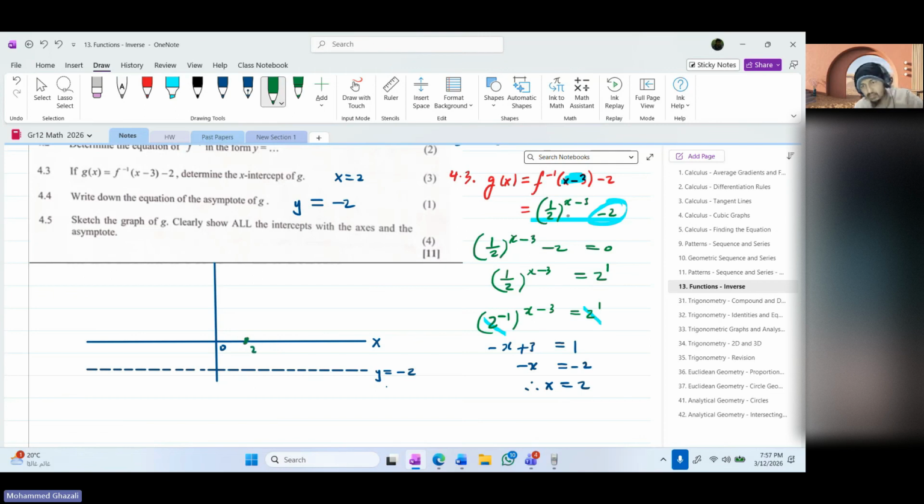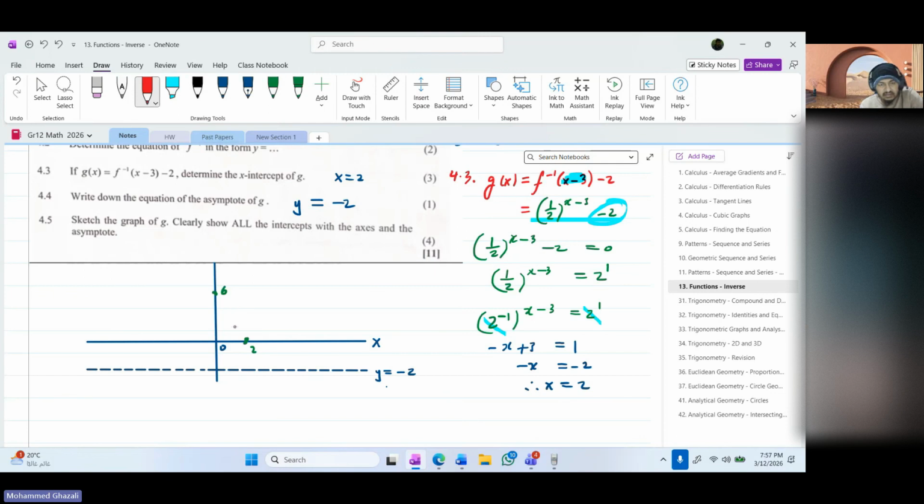What's the y-intercept? Y-intercept, making x 0. If I make x equal to 0, I'm getting half to the power -3. Half to the power -3 is 2 to the power -1, to the power -3, which is 8. 8 minus 2 is 6.